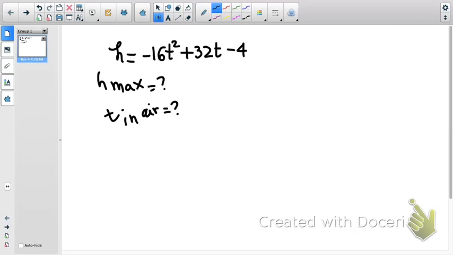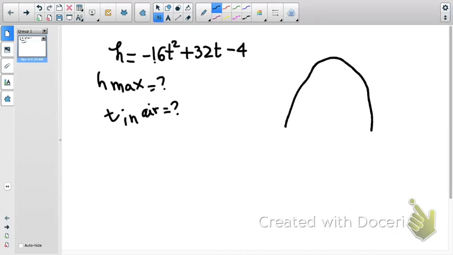So first of all, we want to have an idea of what the function is looking like, but we can see that later. But since it's a ball being thrown in the air, we know it's going to do something like this.